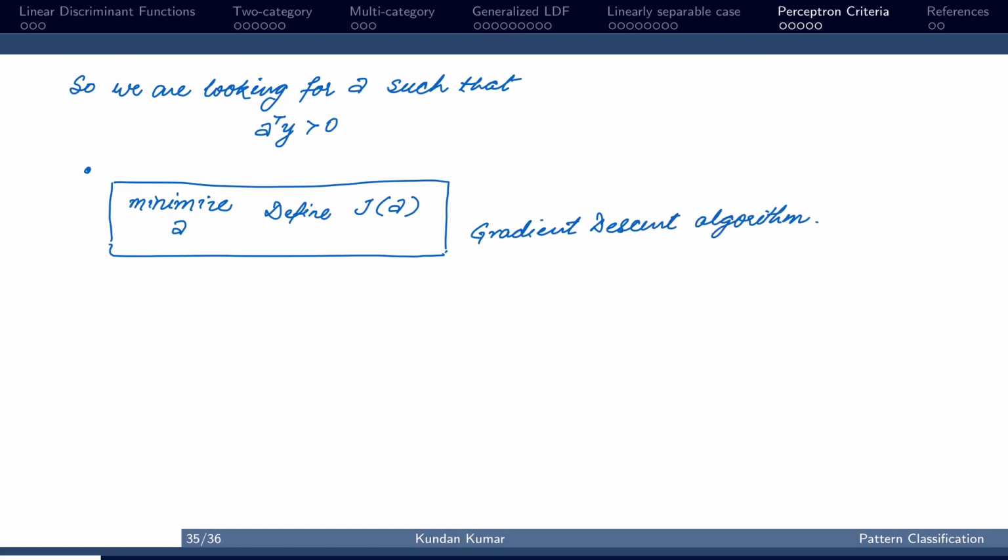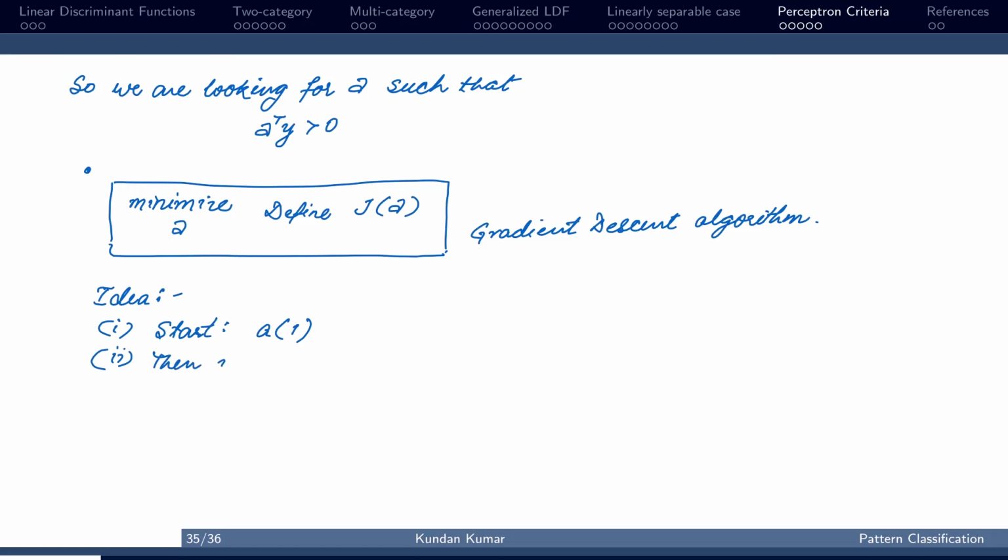Okay, now try to understand what the gradient descent algorithm is. The idea is very simple to understand. First we will understand the idea, then we will see the exact algorithm. The idea is that first we initialize the weight vector, so start with a1.